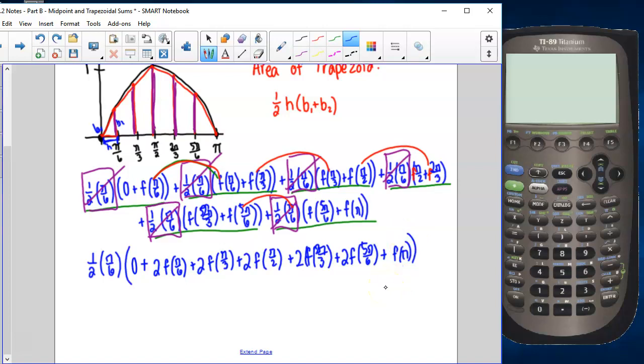Now this is still a pain to type into the calculator, but it's a little bit less of a pain than what we had before.